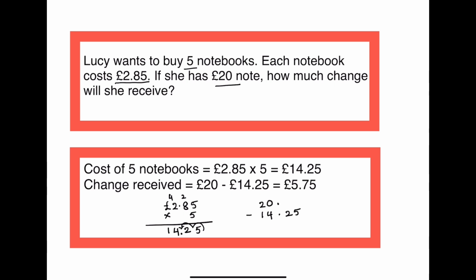Take away £14.25 from 20 pounds and use placeholders and do borrowing subtraction. So we get £5.75. So the answer is £5.75.